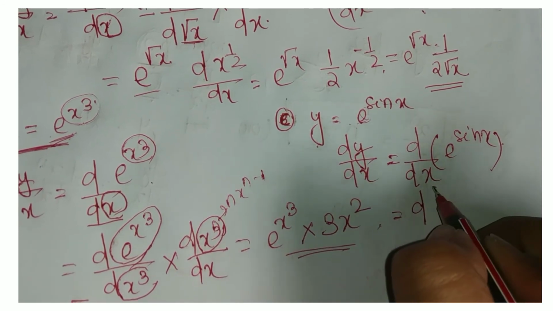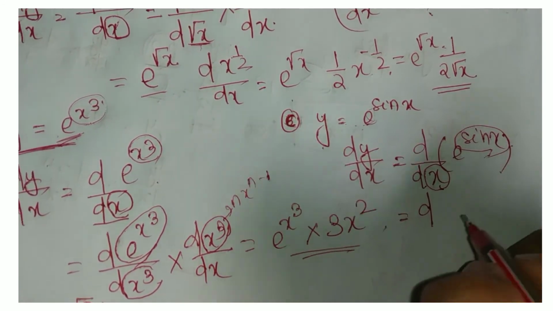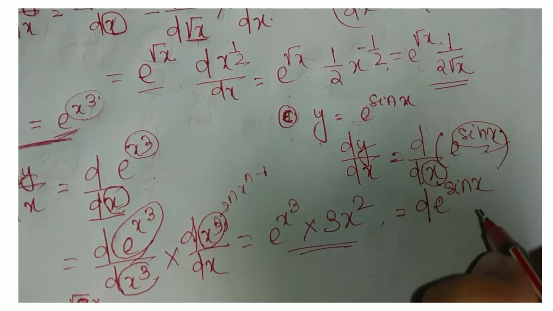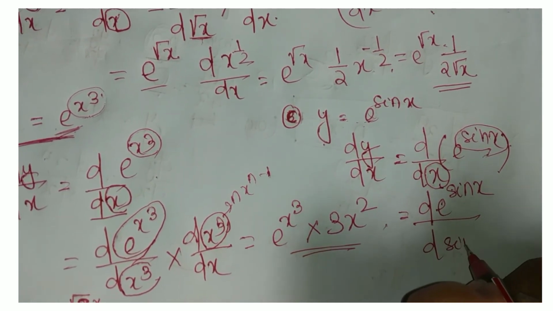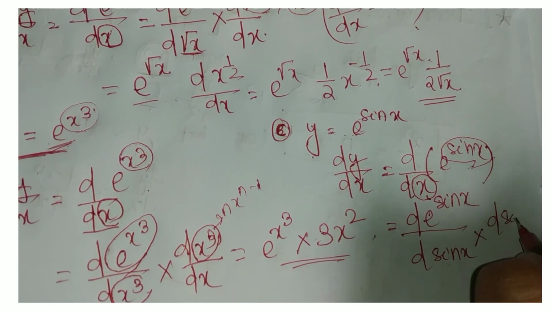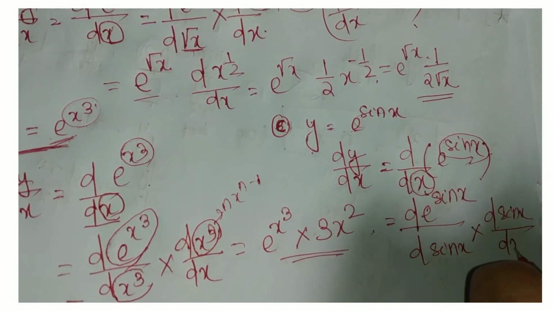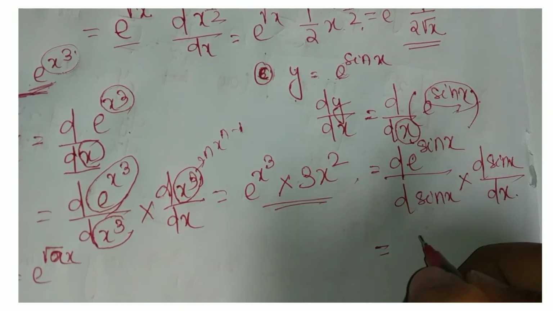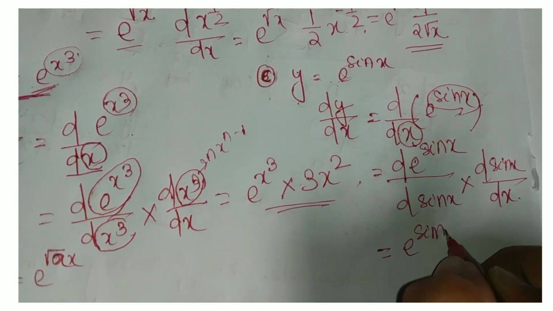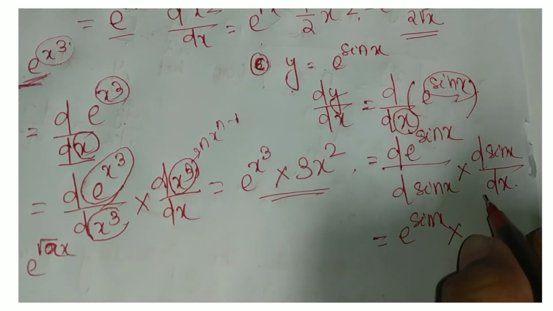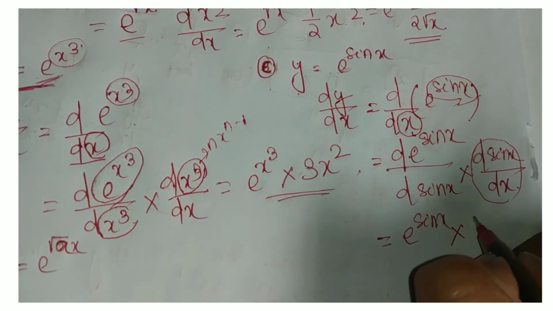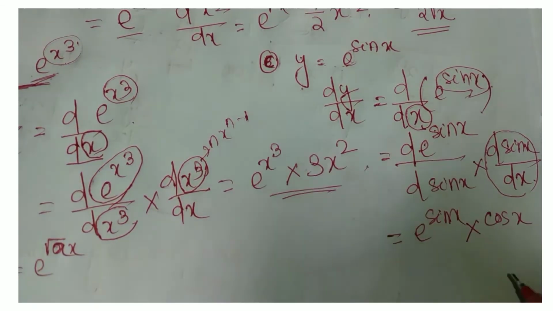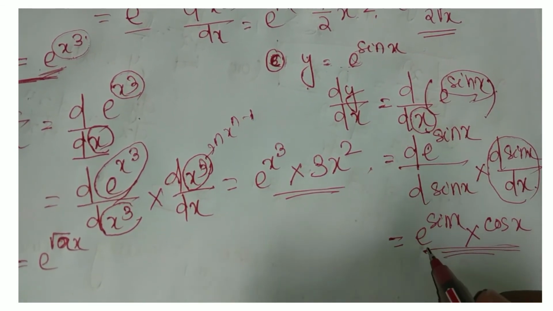Here x and sin x, so we write the derivative of e to the power sin x by d sin x, into the derivative of sin x by dx. Here e to the power sin x, the derivative of sin x is cos x. You will read it in the next video. So the answer is e to the power sin x into cos x.